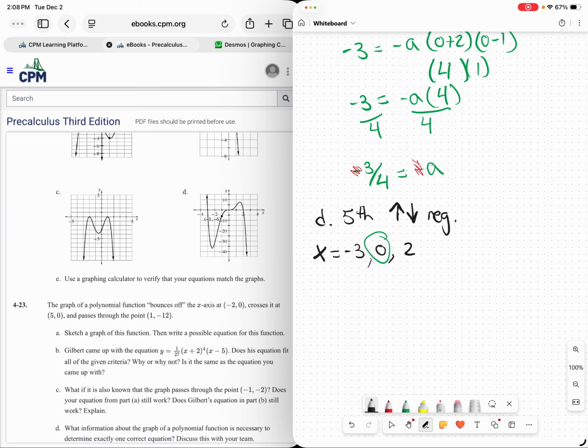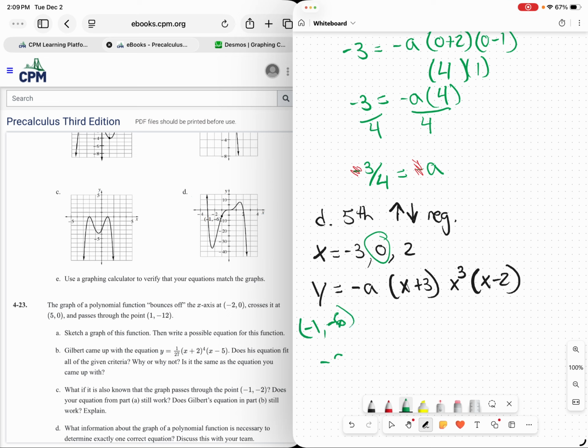So let's do this now. So let's look at our equation. Y equals negative a times x plus 3. We're going to say x cubed on the triple root, and then x minus 2 on the other root. Okay, now let's find a test point. They give us one. It's negative 1, negative 6. So let's test that point.